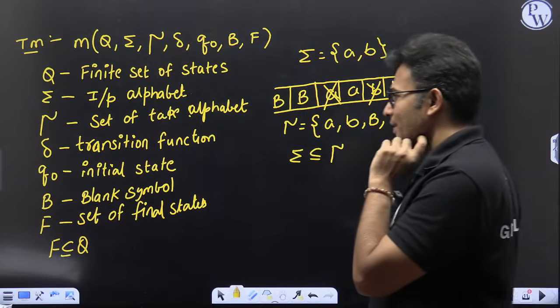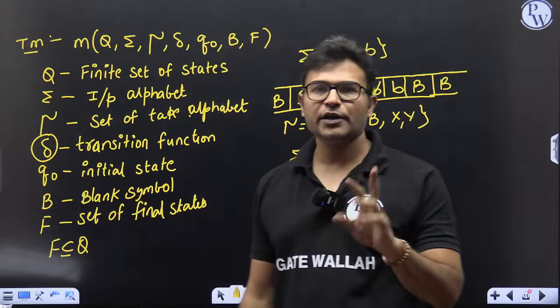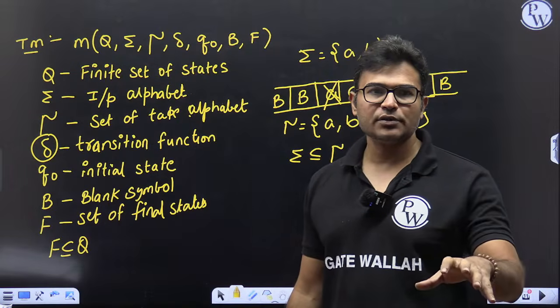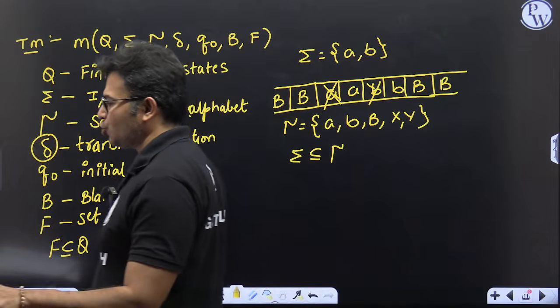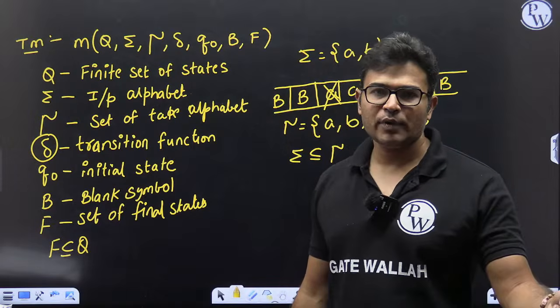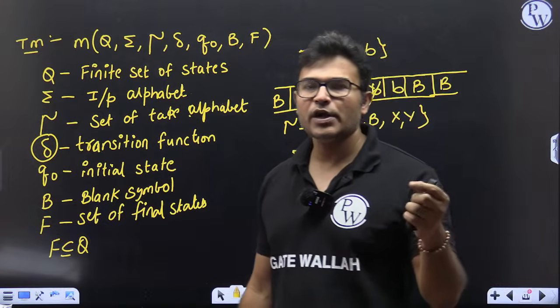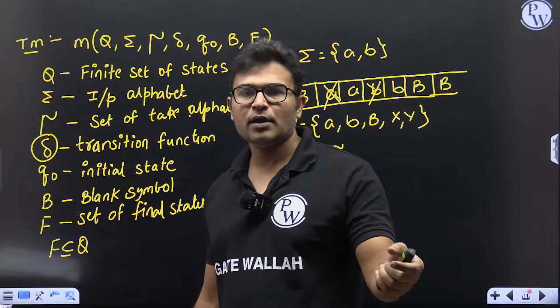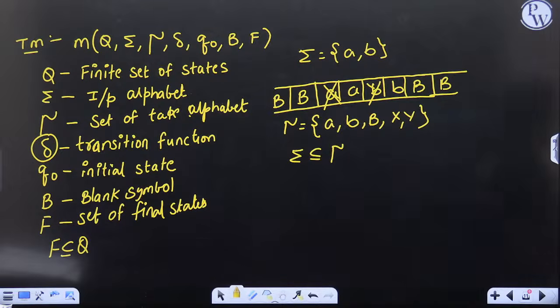Now depending on the transition function, we can define a deterministic Turing machine and a non-deterministic Turing machine, just like we did in finite automata. In finite automata, if you remember, we had deterministic finite automata and non-deterministic finite automata.